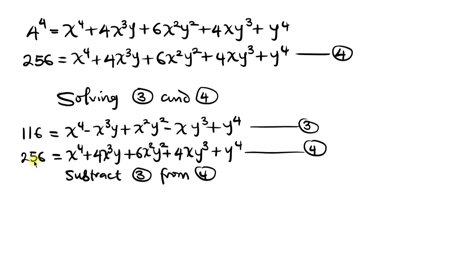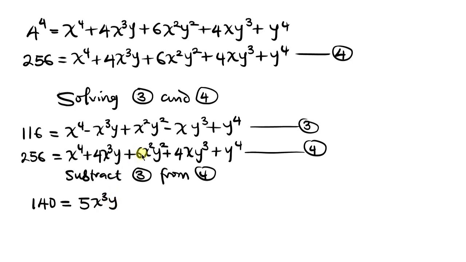So 256 minus 116 is 140. And this is equal to x to the 4th minus x to the 4th is gone. Then 4x cubed y minus x cubed y, that is 5x cubed y.